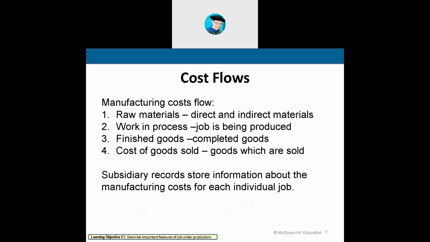This is the cost that it cost me to sell that car. It's the cost of manufacturing, materials, direct labor, factory overhead. It's the total cost of the car. That's what it costs me to sell it. Cost of goods sold. Yep.